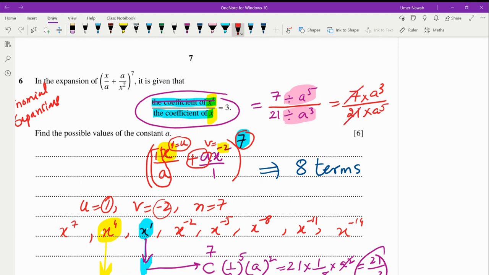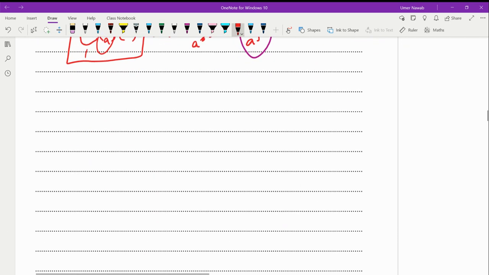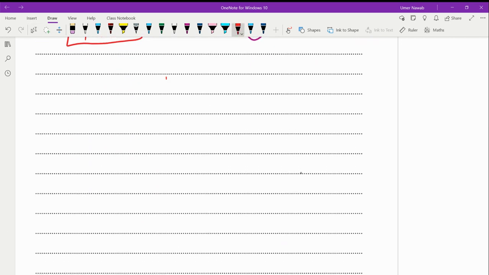Can I cancel them? 7 over 21 gives me 1 over 3, and everything is going to be 1 over 3a squared in the denominator. This is the thing which we get after simplification. But he said this equals 3. So on the left hand side, when we simplified everything, I got 1 over 3a squared, and he said this thing equals 3.